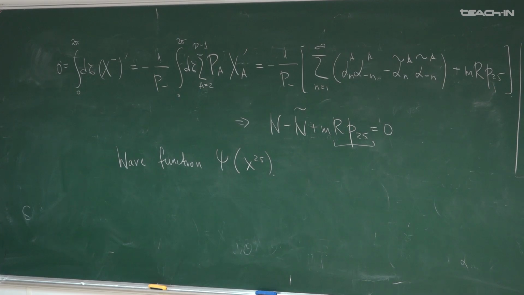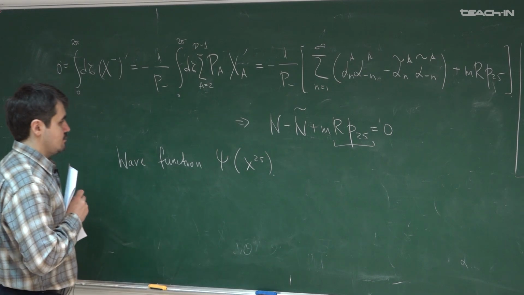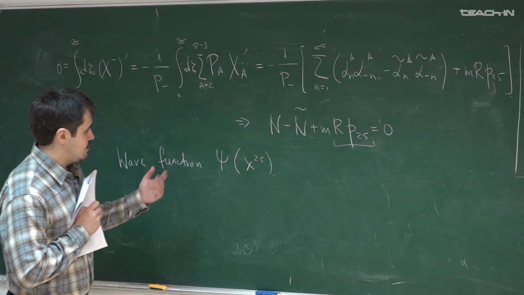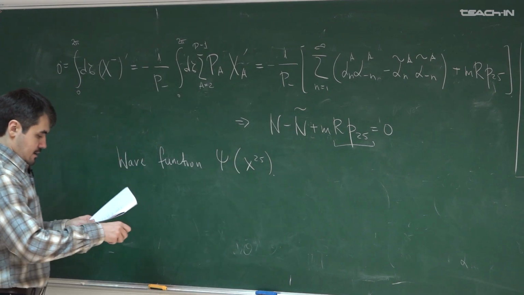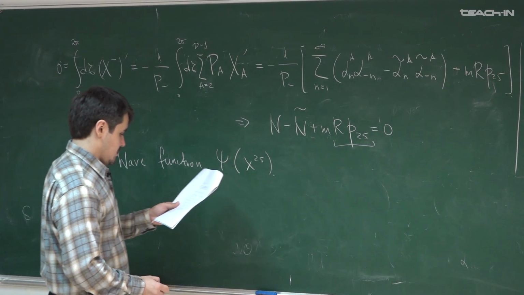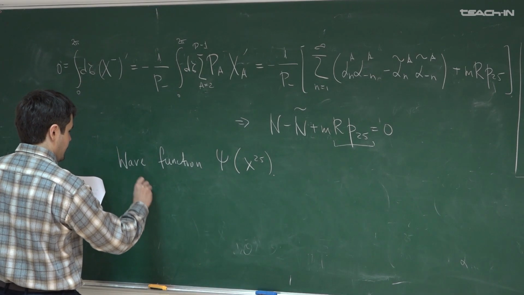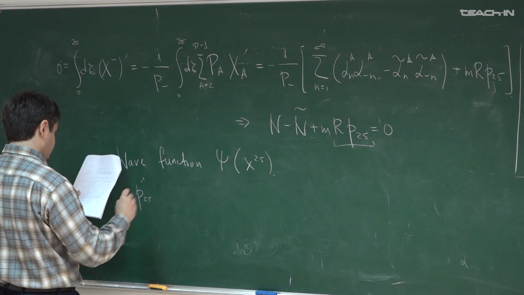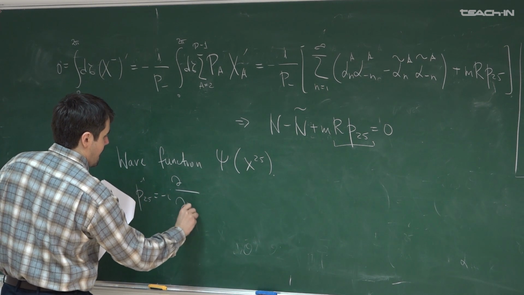So when you quantize just the p and x coordinates, you may view elements of your Hilbert space as functions of the coordinates, just the usual wave functions in quantum mechanics. And momentum becomes an operator acting on such functions: minus i d over dx25.